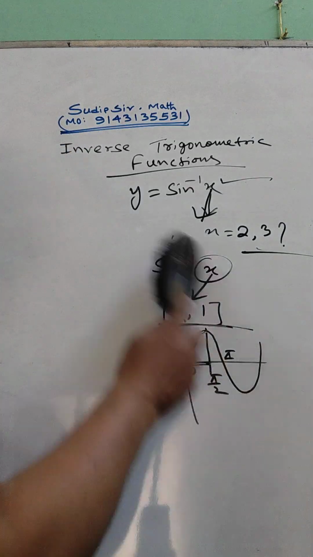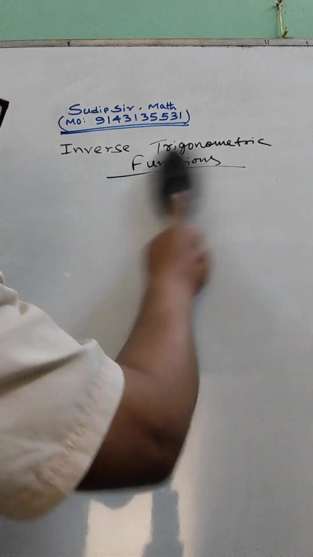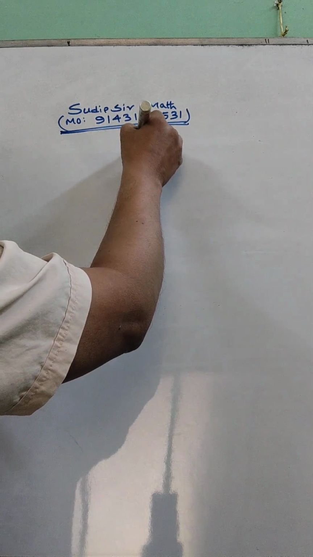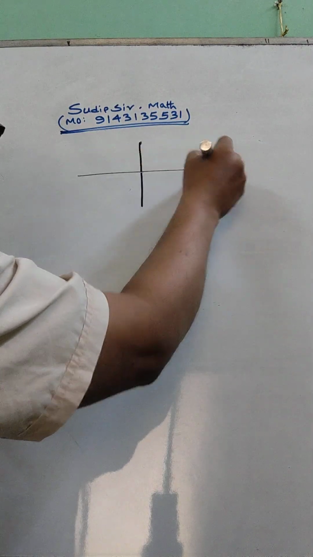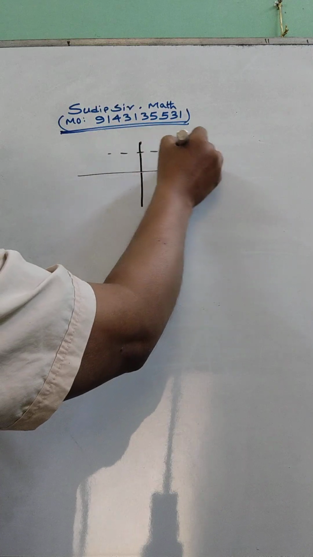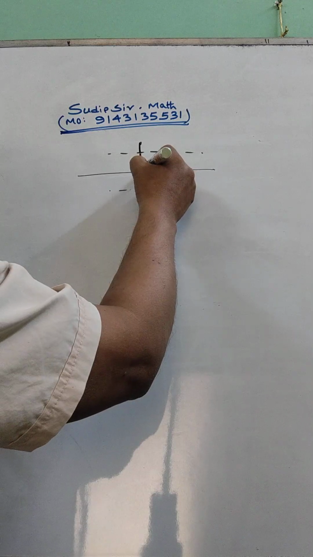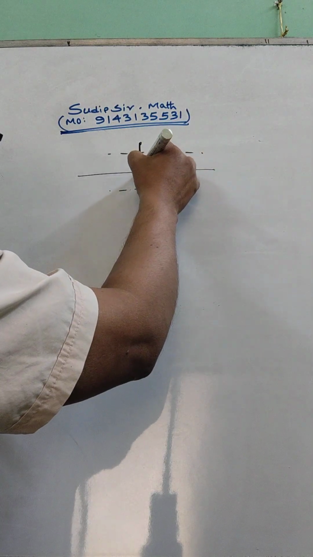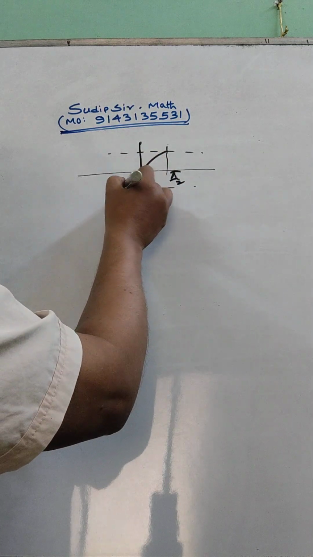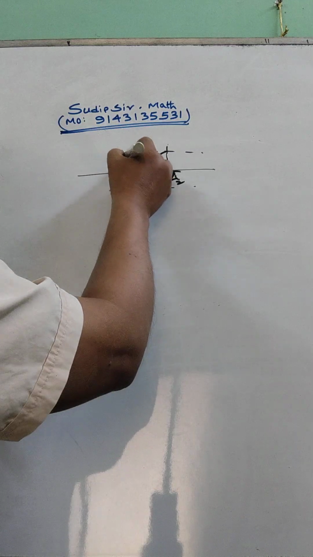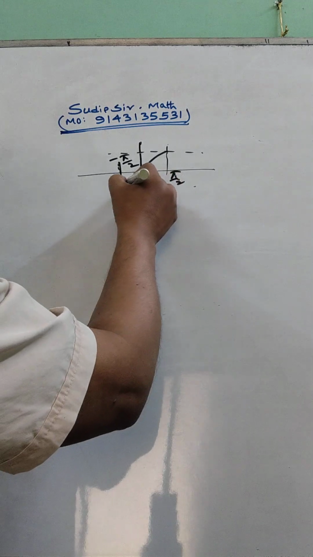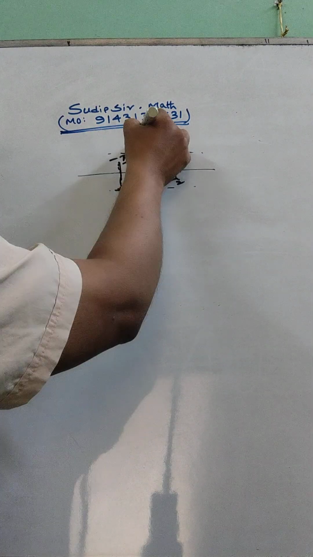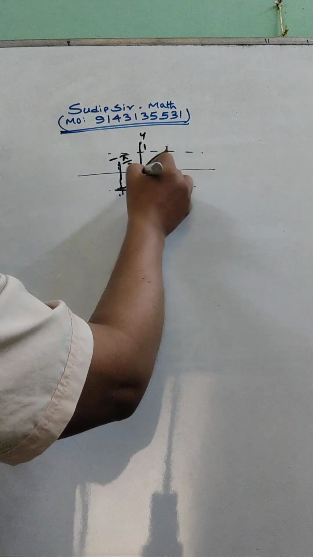Let's see the graph of sin x. Say this is 1 and this is minus 1 on the y-axis, y dash, and this is the x-axis, x dash.